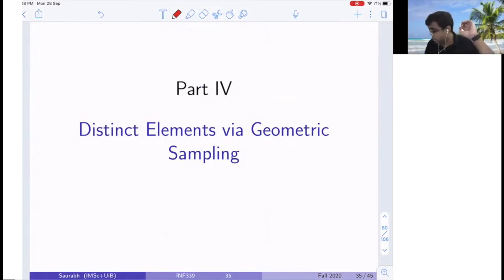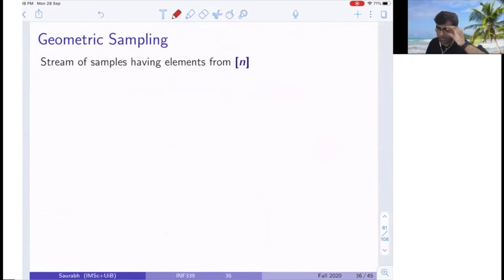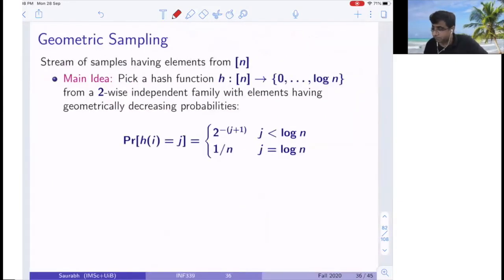Okay. So what is geometric sampling? Let me give you an overview or idea. So it is a stream of samples having elements from 1 to n. The main idea is that we pick a hash function from 1 to n to 0 to log n from a two-wise independent family, with elements having geometrically decreasing probability.